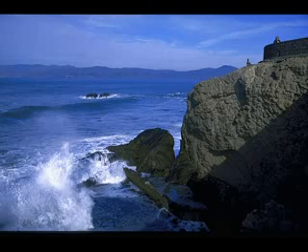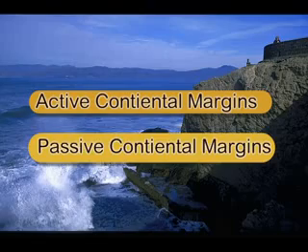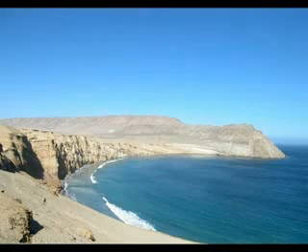There are two types of continental margins: active continental margins and passive continental margins. Active continental margins are narrow, relatively steep shelves subjected to frequent earthquakes. Due to these tectonic disturbances, the sediments are moved down towards the slopes and the deep oceans.